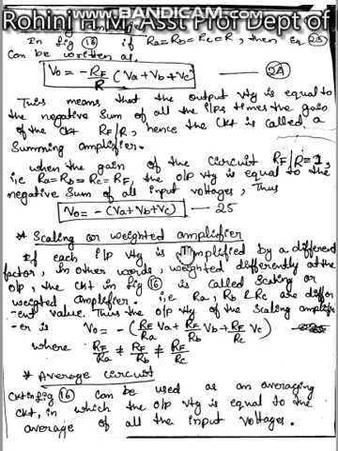Next comes the scaling or weighing amplifier. If all these resistances are not equal, then the original expression is rewritten here, that is Vout is equal to minus RF by RA into VA minus RF by RB into VB minus RF by RC into VC.